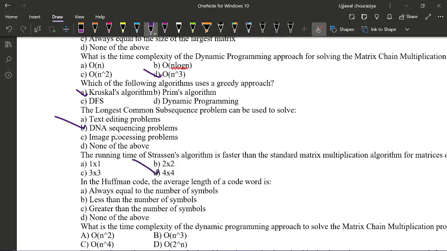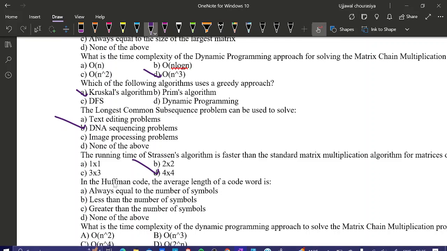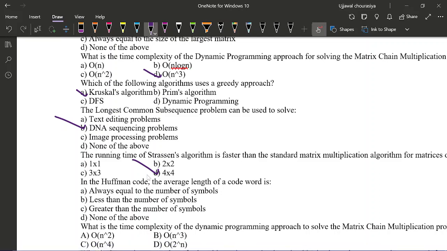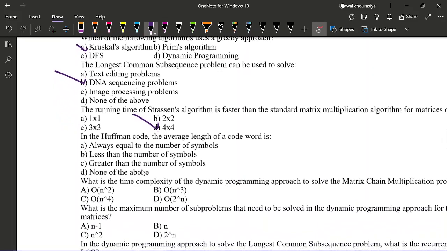In a Huffman code, the average length of a code word is less than the number of symbols.